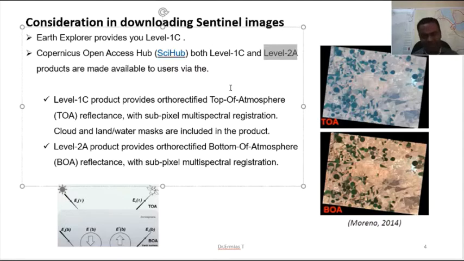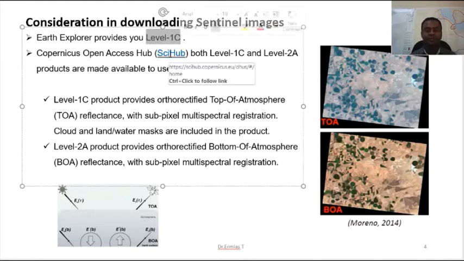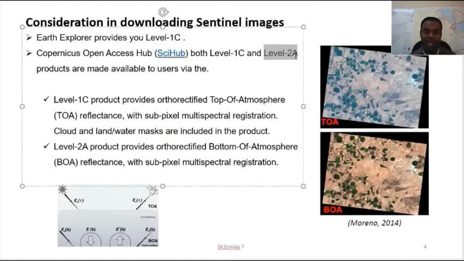What's the difference between these two? If you search Sentinel data from Earth Explorer, you are only allowed to get level 1C product, but if you go to this one, you are also allowed to get level 2A.